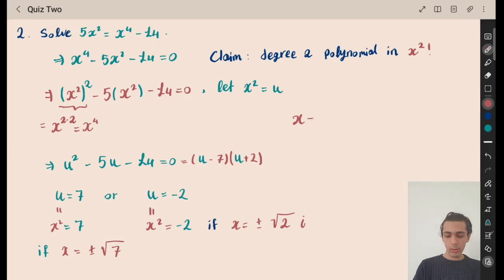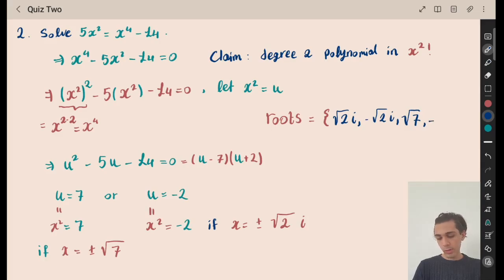So the set of roots of this degree 4 polynomial are square root of 2i, minus square root of 2i, and square root of 7 and minus square root of 7. And based on that, you should make the correct choices in the exercise.